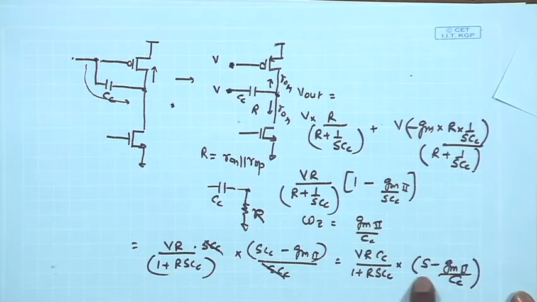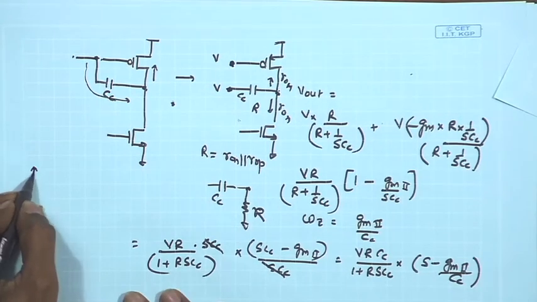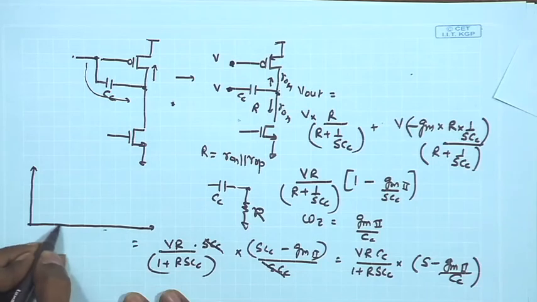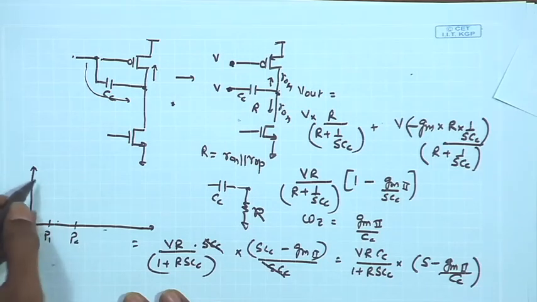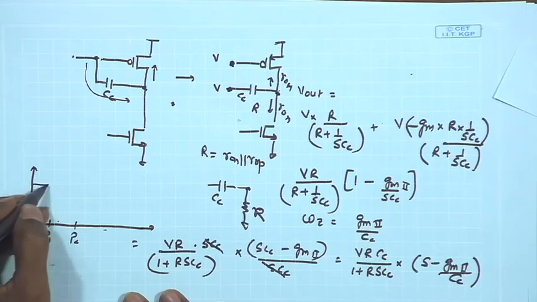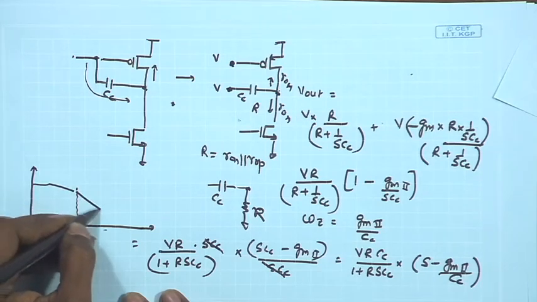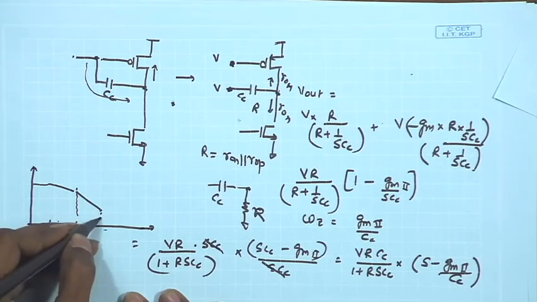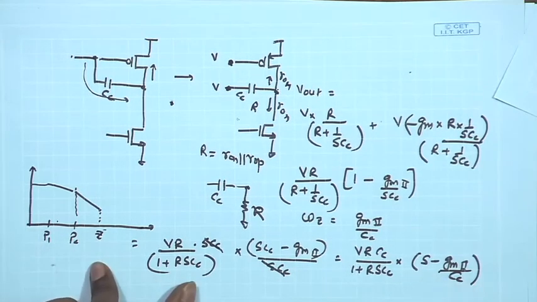So, if I assume that that is true, in the overall Bode plot, you have the P1 and P2 suppose coming at relatively lower frequencies. So, after P1 you had minus 20 dB per decade slope, and then after P2 you have minus 40 dB per decade slope, and then you encounter this 0 in the numerator expression.